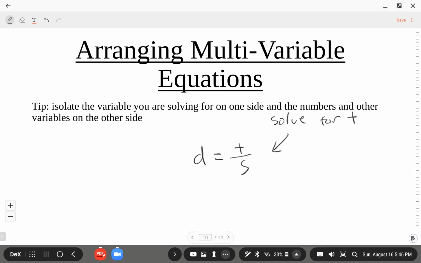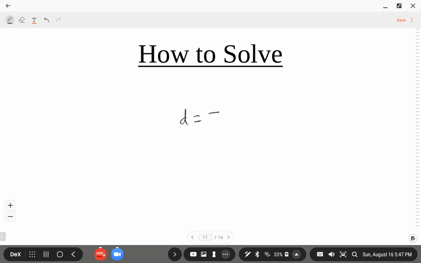And I give you a little tip here, and this is the exact same tip that I gave you when we started doing single variable equations, right? You just have to isolate the variable you are solving for on one side. We're solving for t, right? And all the numbers and all the other variables on the other side. So you just have to isolate t on one side. And let me show you how to solve that. Let's have our little equation here.